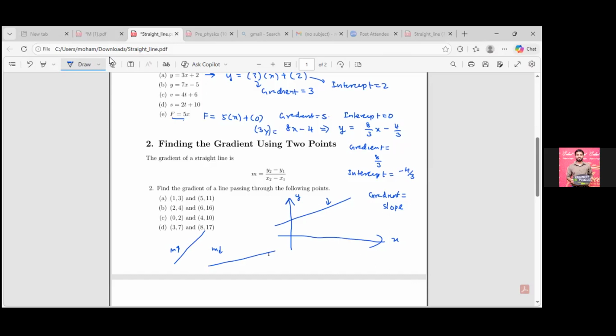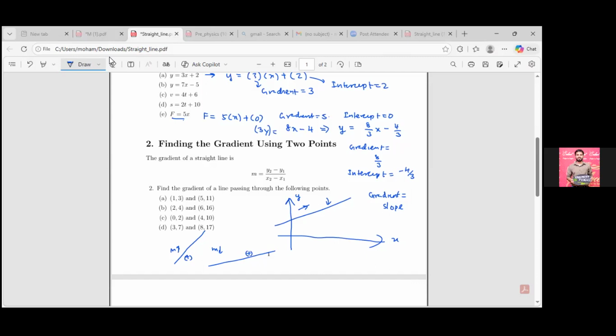So this is one thing. And also the sign of the gradient, whether the gradient is positive or negative, also has a meaning. If the gradient is positive, that means the graph is increasing. In these two I have shown increasing graphs. So here the gradient is positive.